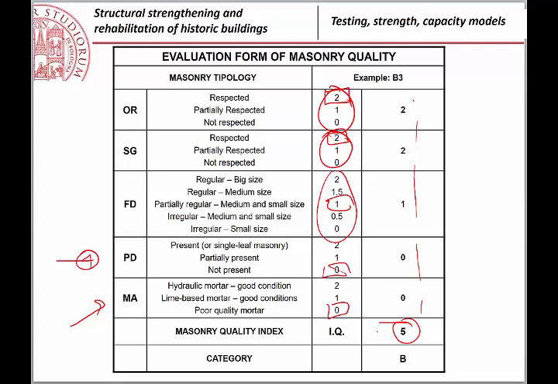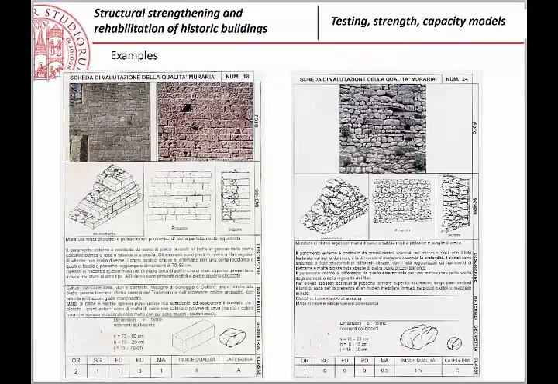So this is, of course, not a quantitative evaluation, because we are not saying which is the strength of the masonry, but it is very, very important to classify from a first insight the kind of masonry that you have in your building.